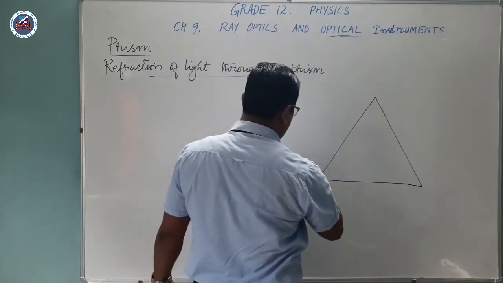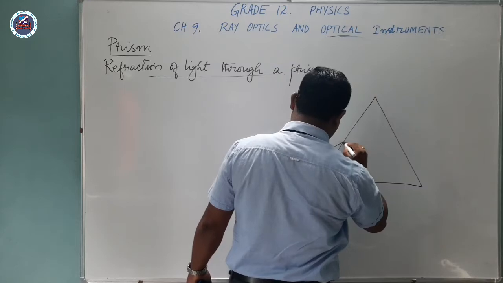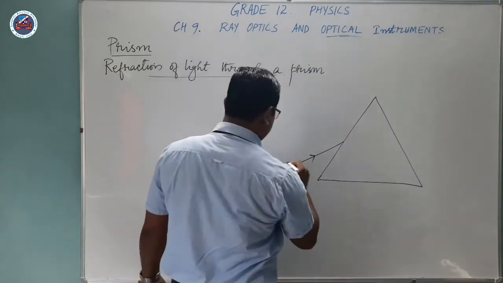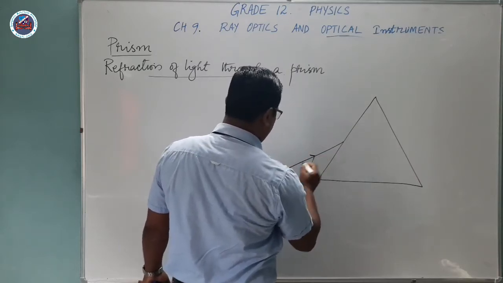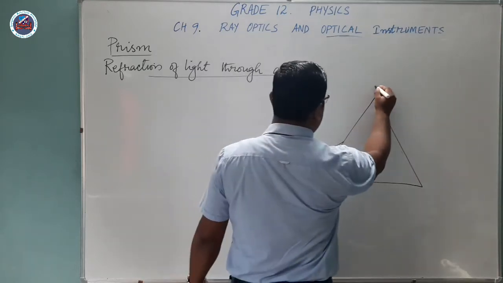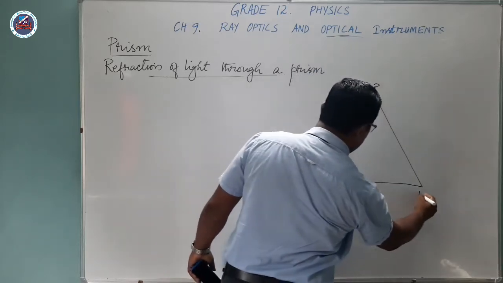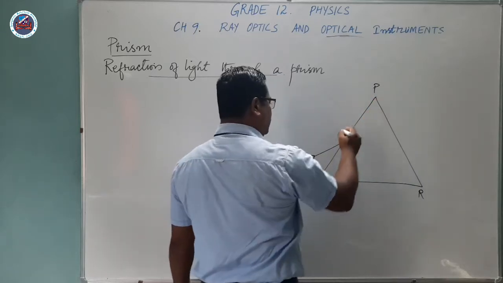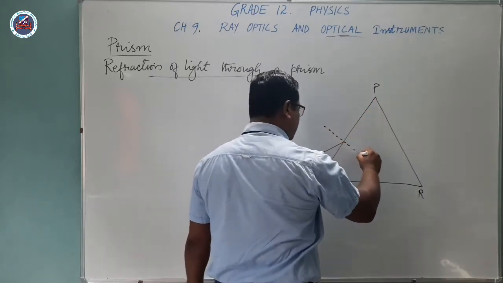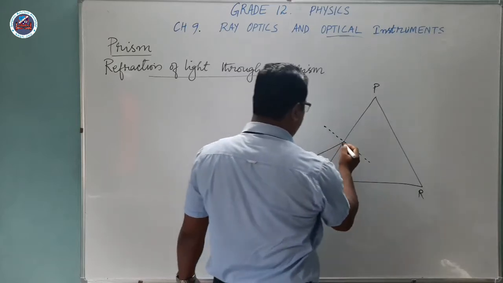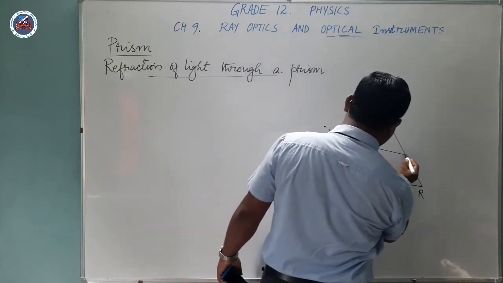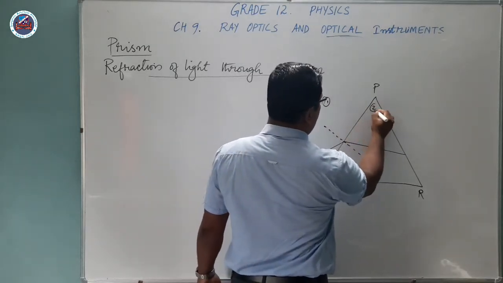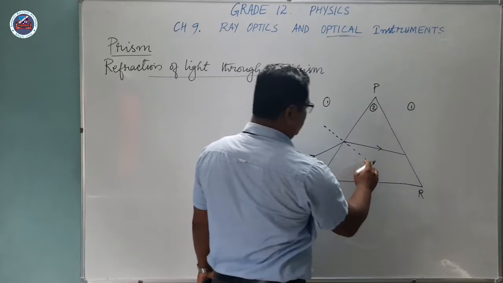When monochromatic light, a light of single wavelength or single color, enters, let me mark this as P, Q and R. Then at the surface PQ, if you draw one normal, the light will bend towards the normal, because when light enters from a rarer medium to a denser medium, it bends towards the normal.